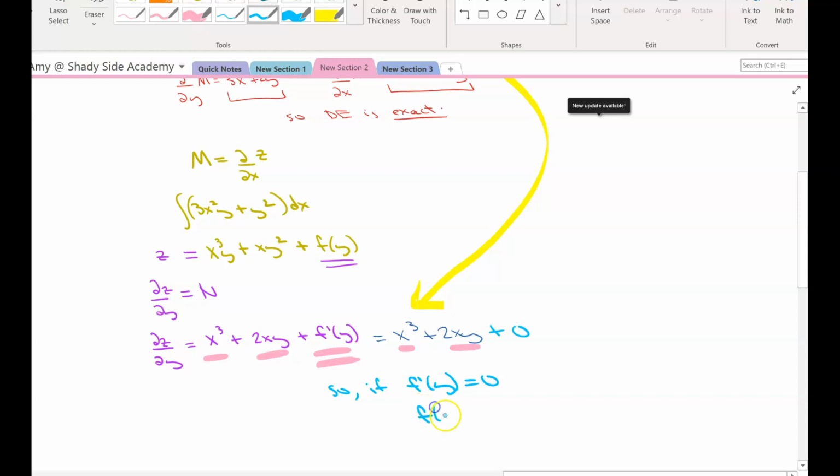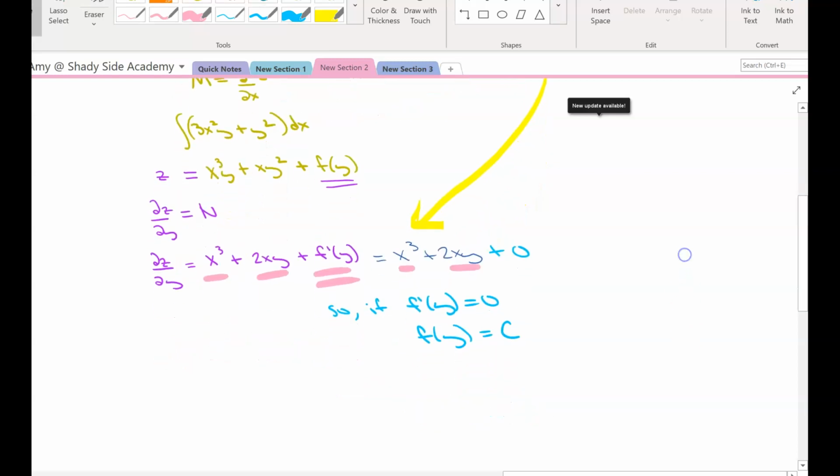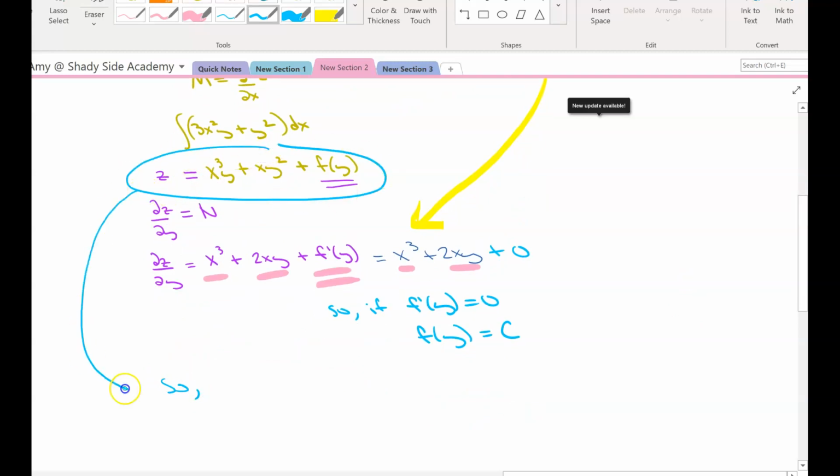That means f of y just equals some numerical constant c. So let's walk it back. So what this has told me is I found all the pieces of the puzzle. I now know what z is completely and explicitly. z is equal to x cubed y plus xy squared plus some numerical constant c.